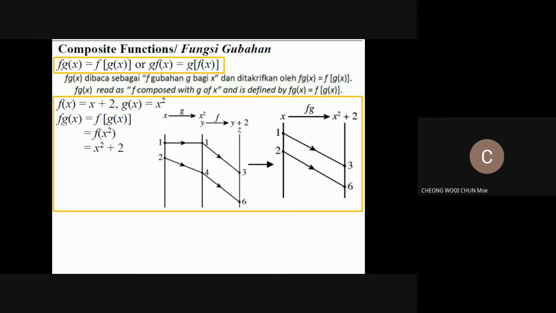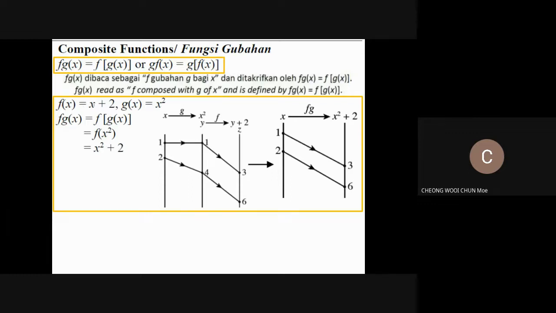The way to read it actually should be f composed with g of x is defined with, okay, fg(x) equals f, big bracket g(x), big bracket. Usually we separate it into two functions: f(g(x)), or if gf(x) it will be g(f(x)).